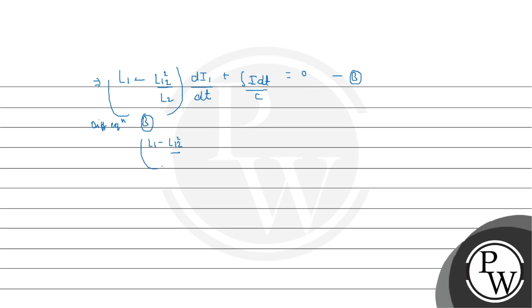L1 minus L12 square by L2 d2i1 by dt square plus, we are differentiating this equation, तो ये इंटीग्रेशन का साइन रिमूव हो जाएगा, and we can write this equation as also L1 minus L12 square by L2, this whole thing, I1 double dot plus I by C equals to 0.